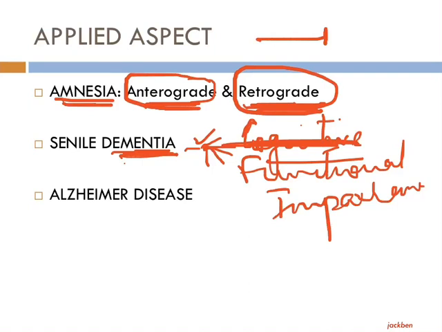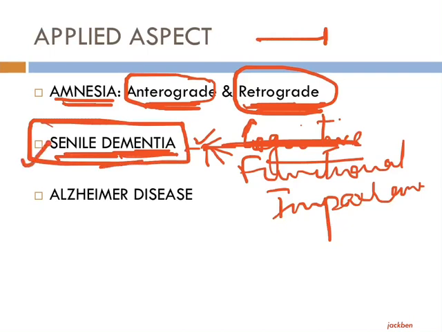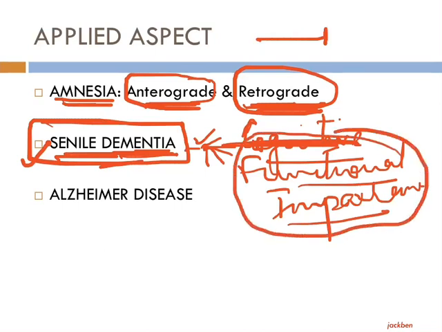Now coming to the dementia, the major one is the senile dementia. This senile dementia is a kind of functional impairment happening to a particular person due to the aging process. After the 60s or the 70s, a certain level of cognitive impairment and a certain level of impairment of the memory happens.